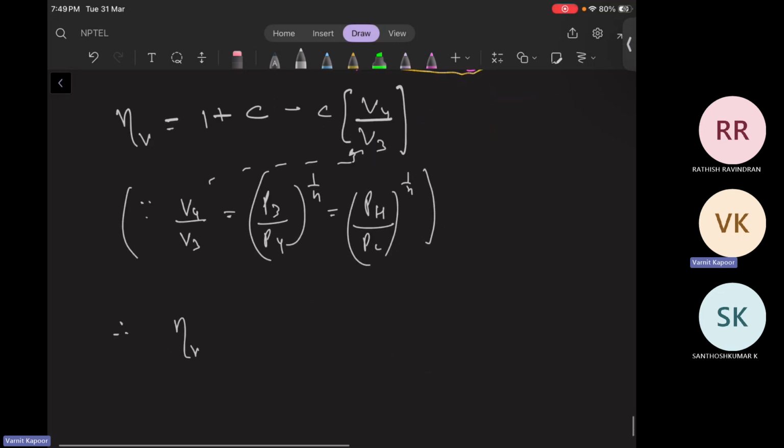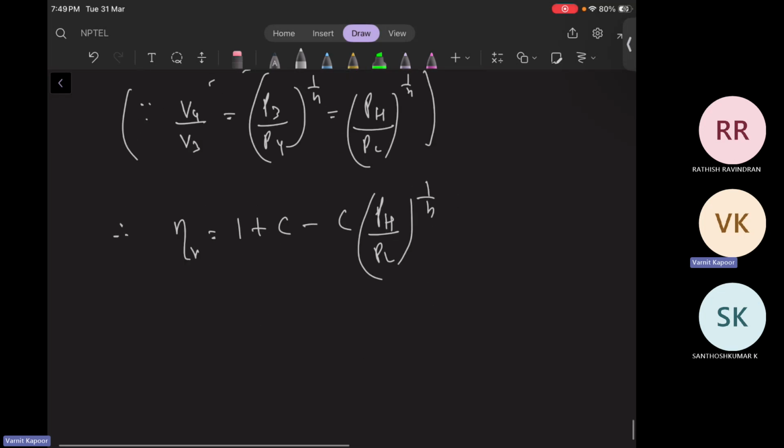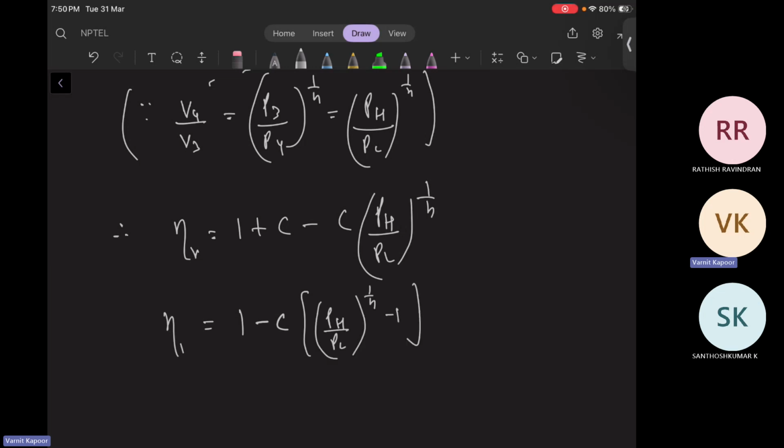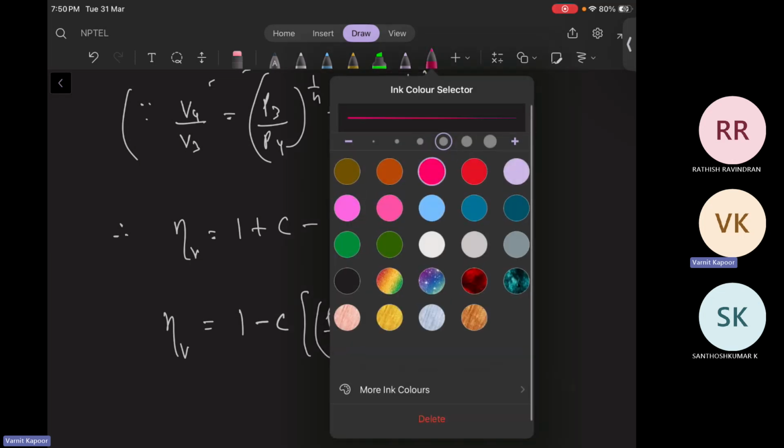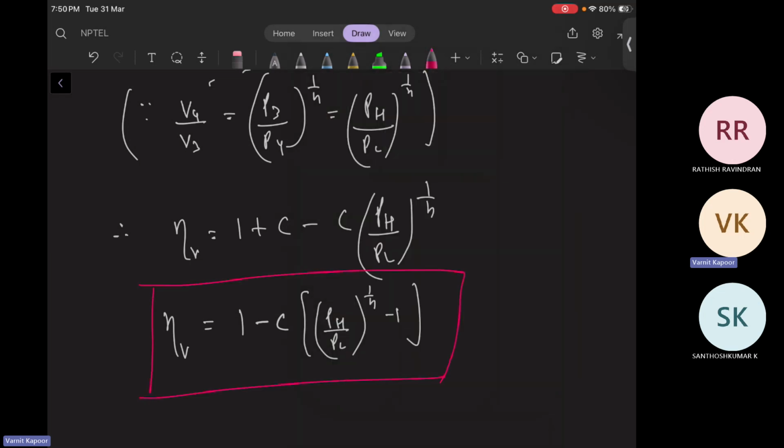Therefore, your volumetric efficiency comes out to be 1 plus C minus C times (P higher by P lower) to the power of 1 by n. And if I take out C common, 1 minus C times ((P higher by P lower) to the power of 1 by n minus 1). This is your volumetric efficiency.